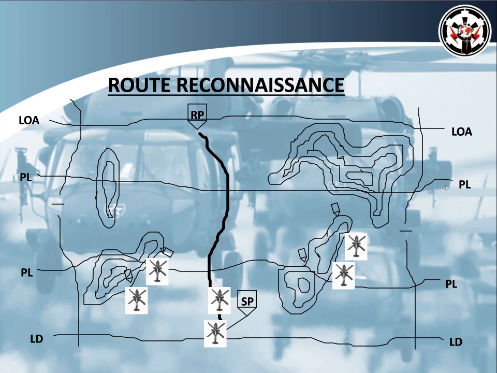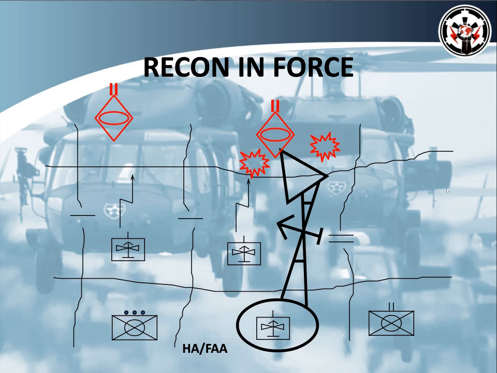You have a route from start to release, and you have both left and right, and they're conducting reconnaissance left and right of the route, because we want to make sure that there's nobody hiding in ambush that's going to affect the ground units on that route. So here's an example of doing that.